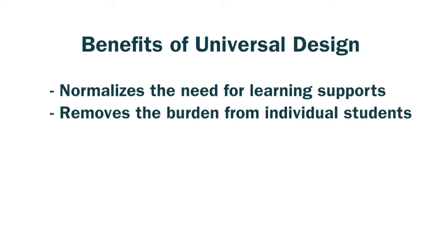The accommodation model, while it's critically important, can also have that sense to it that it's the student who's got the problem and they're the one being accommodated, when in fact, in many cases, it's about the way we've been teaching. And it's not that we're teaching wrong, but there may be ways that we can teach that would be broader and would allow us to reach different kinds of learners.